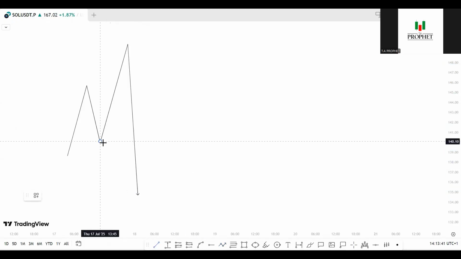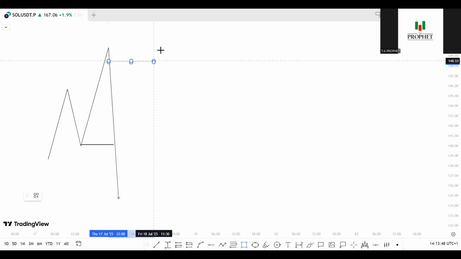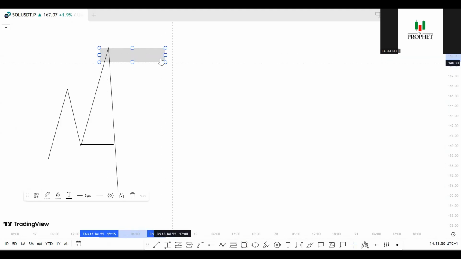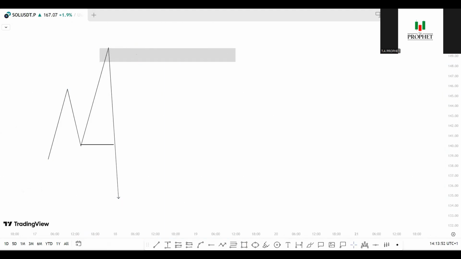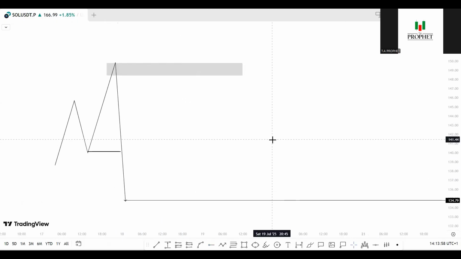This market had a breakout structure here, met the first criteria. Then the last bullish candle before this impulsive move to the downside is the order block. Now pay very careful attention, this is where liquidity comes into play.